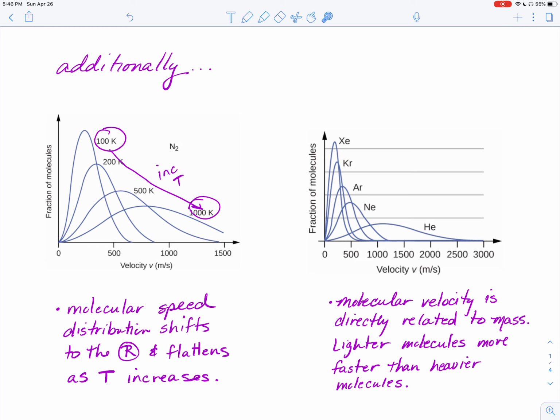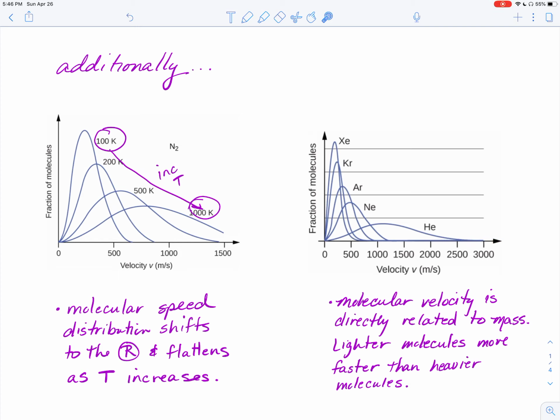The other piece of information that I wanted you to look at is the relative velocities of different gases to one another. So this is the y-axis, the fraction of molecules or number of molecules. The x-axis is the velocity.